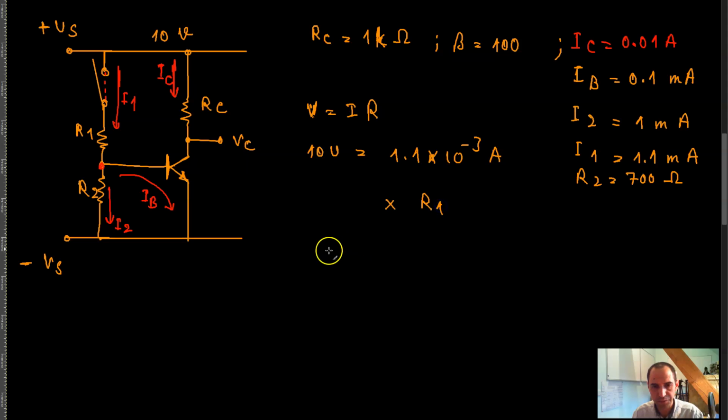That means that R1 is 10 volt divided by 1.1 into 10 raised to the power negative 3 amp. You can simplify this: if this goes to the numerator, this becomes 10 raised to the power 4, and 1 over 1.1 is the same thing as 0.9090 and so on.